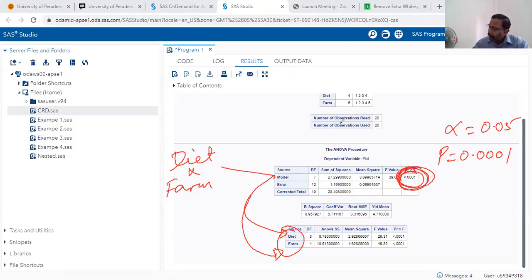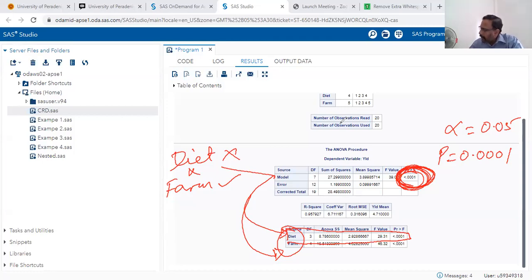So whenever the model is significant, maybe the farm is significant and diet may not be significant. Therefore, by looking at whether the model is significant, we cannot come to a conclusion saying that diet is significant. So we'll have to go specifically to the diet and see whether diet is significant, because diet is our treatment. In this example, diet is our treatment.